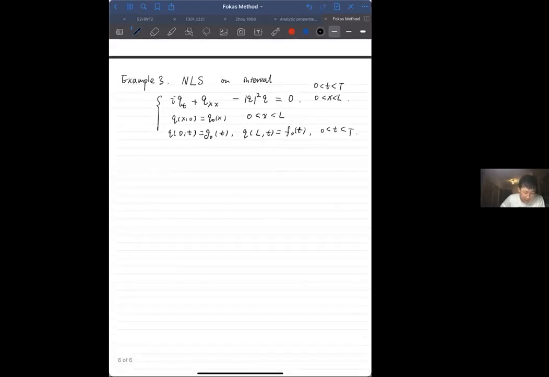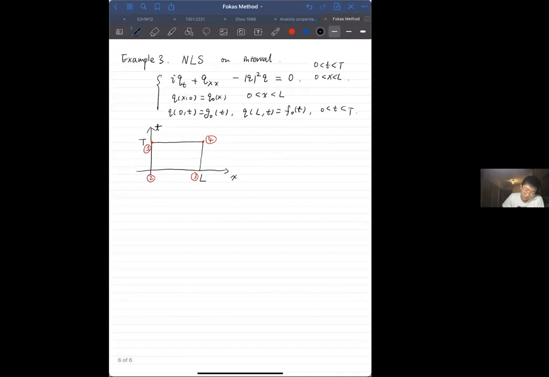What does the problem look like on the phase space? T and X. Here you have L and capital T, and let's denote those corner points by 1, 2, 3, 4.